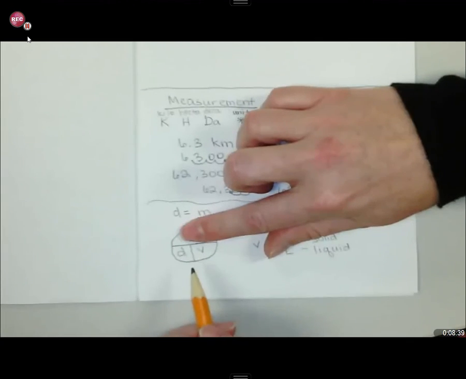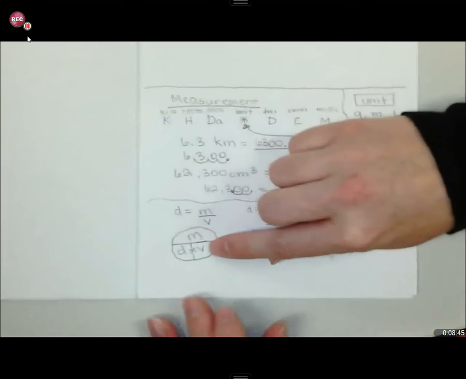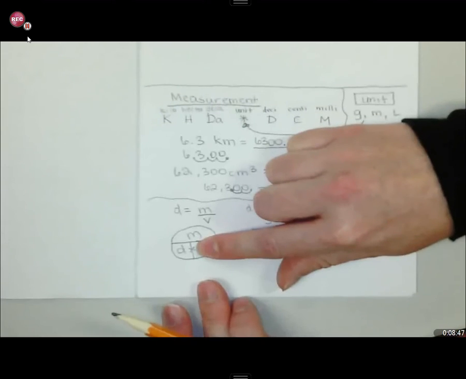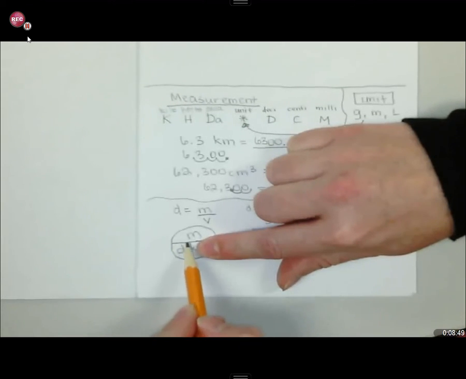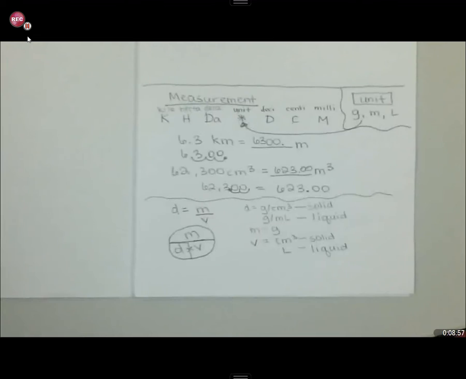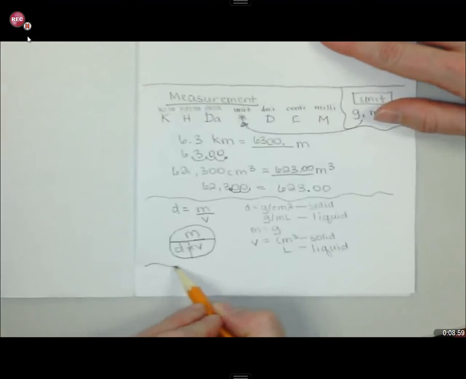So cover up M because that's what we're looking for. Side by side, you multiply. And then if you're looking for the volume, it's M line D. That means M over D. So you're going to divide your mass over your density. Okay? So that's a brief little update on that.